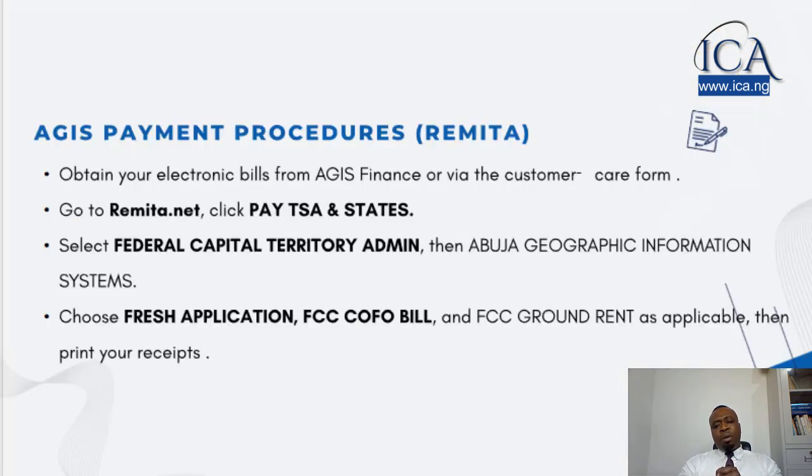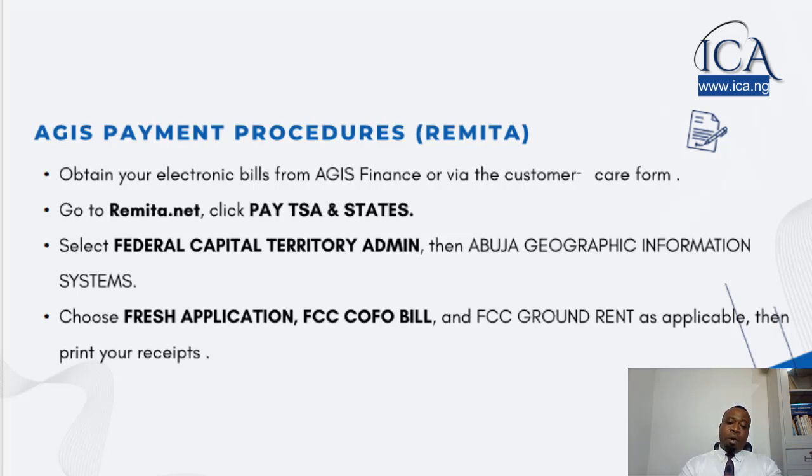Okay, let's now take a look at, I've mentioned it earlier, but we still have to talk about it again. AGIS payment procedure, the procedure you have to follow in order to complete your payment. You have to obtain your electronic bills from the AGIS Finance or customer care.